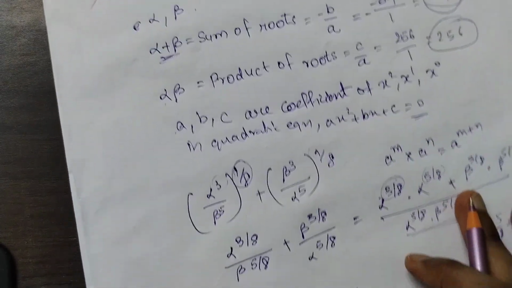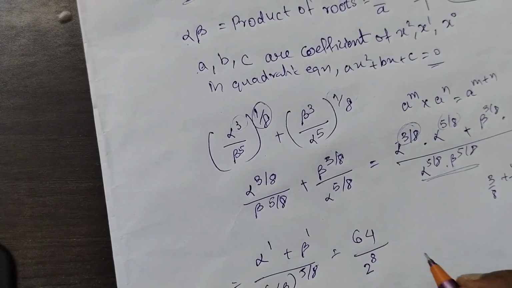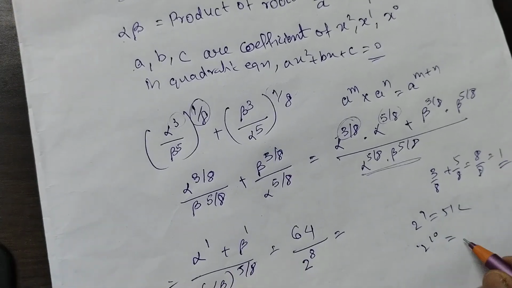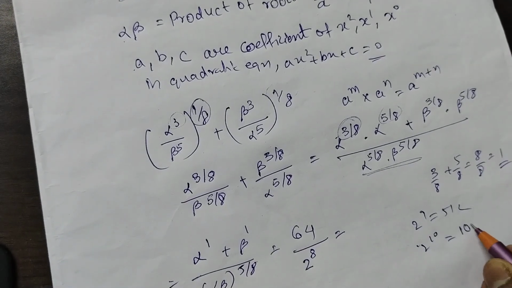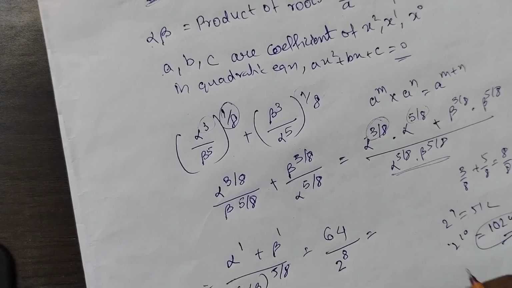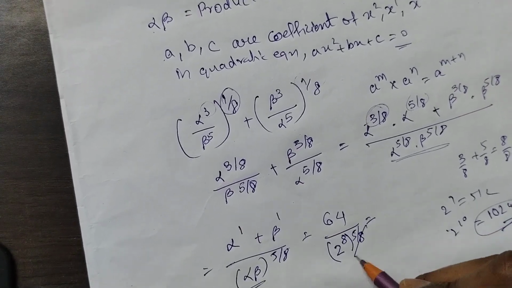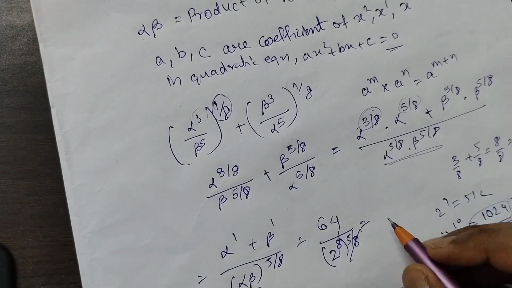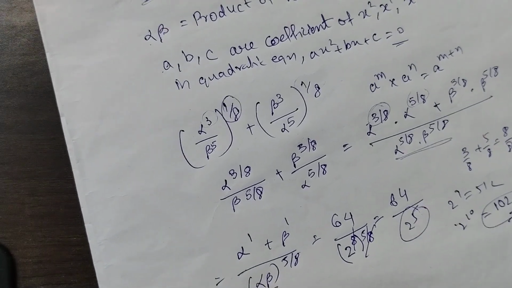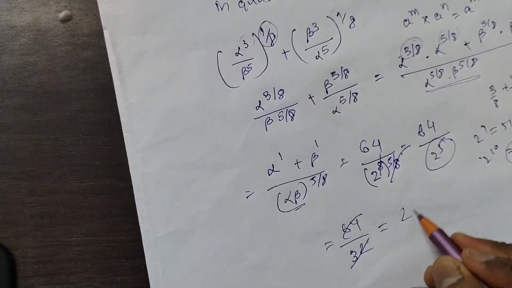Alpha times beta is 256, which can be written as 2 to the power 8, since 2 to the power 9 is 512 and 2 to the power 10 is 1024, that is 1 GB, 1 TB, and so on. So the 2 to the power 8 is under the power 1 by 8, and the 8 and 8 cancel out, so at last we have 64 by 2 to the power 5, and 2 to the power 5 is 32. So 64 by 32 is 2.